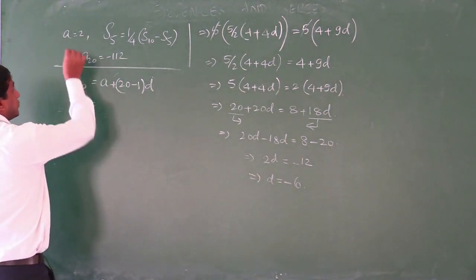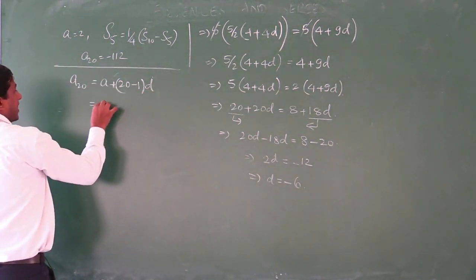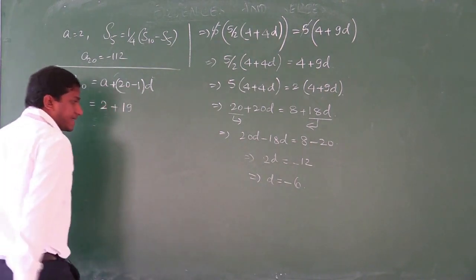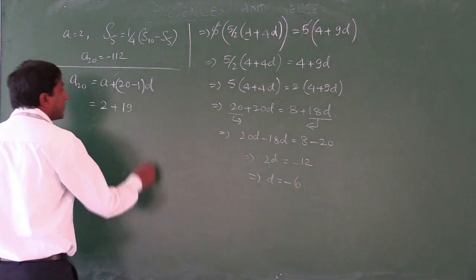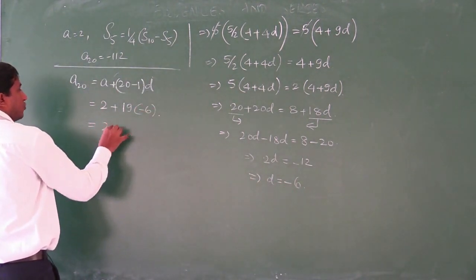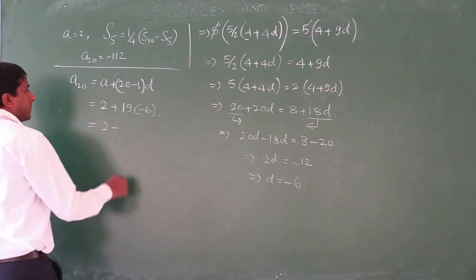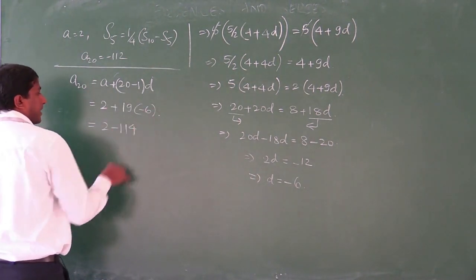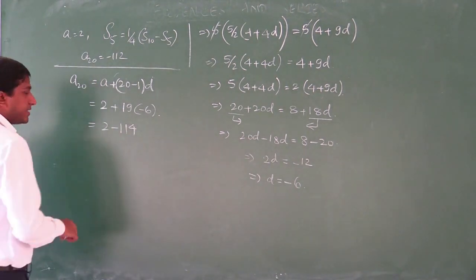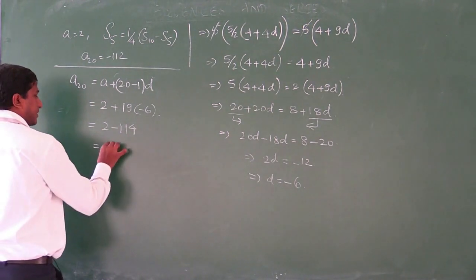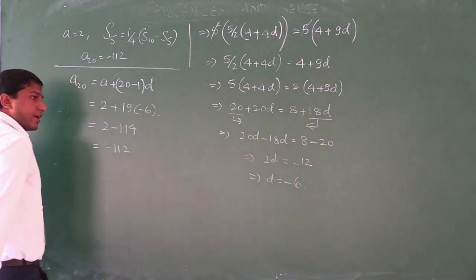Substituting those two values here, A is 2 plus 20 minus 1, which is 19, and D value is minus 6. So what do we get? 9 6s are 54, 6 1s are 6 plus 5, 11. I get 2 minus 114. 2 minus 114 is nothing but minus 112.